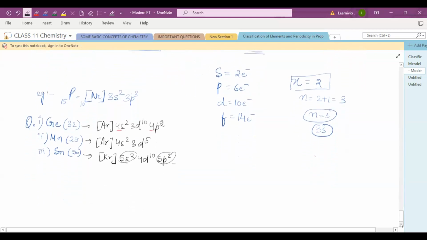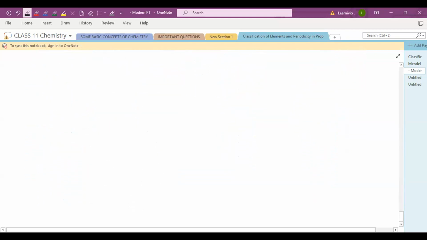Okay, now let's see the nomenclature of elements with atomic number greater than 100. How to name that element? Okay, how was the name given to an element whose atomic number is more than 100, right? Let's see.